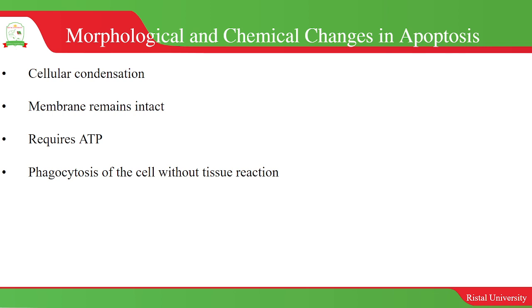The cell membrane usually remains intact. And in the reactions that happen inside the cell, caspases, which are enzymes that break down some of the components of this cell which is about to die, are activated, and they actually require energy to do that. So the cell will die without having impact on the neighboring cells or even the tissue. So there will be no tissue reaction.